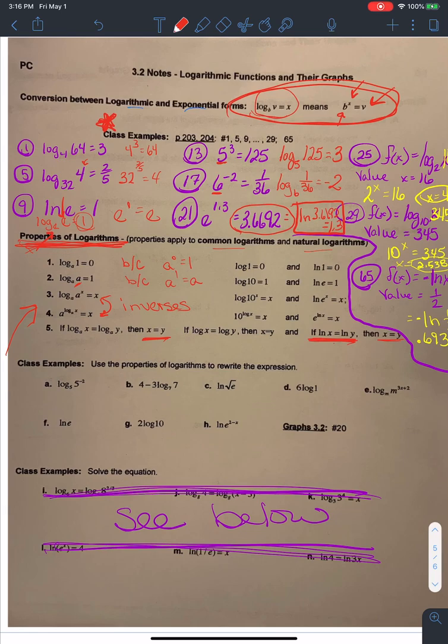And when I do that, I am finding that this is property number 3. They had a log base A, I have a log base 5. So their A to the x power is my 5 to the -2 power. That means the log base 5 and the 5 kind of cancel each other out, and I'm left with -2 as my final answer.